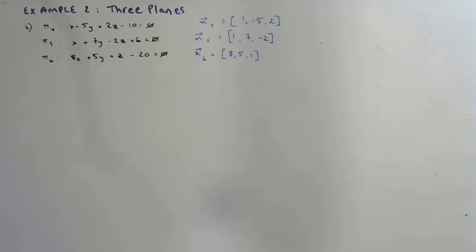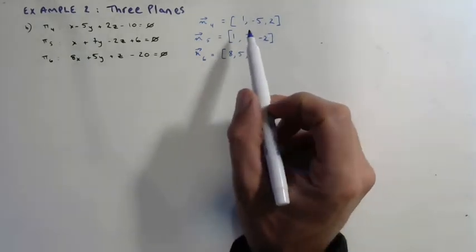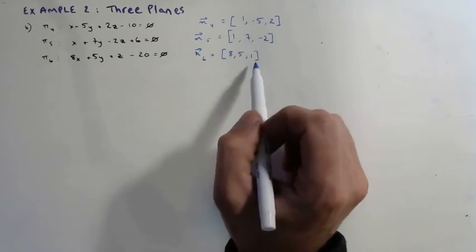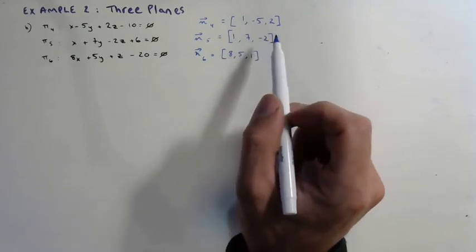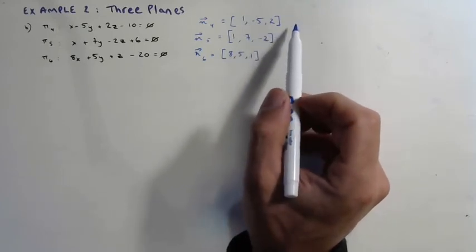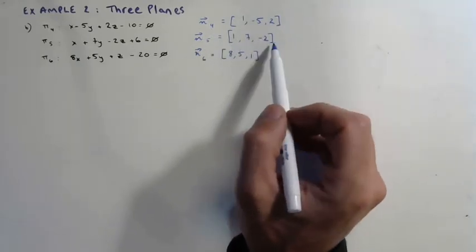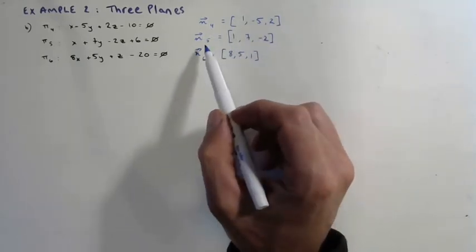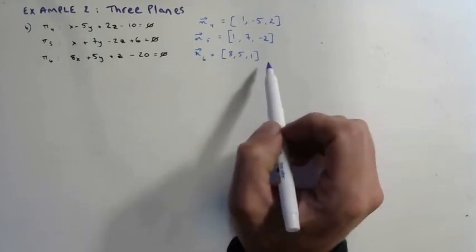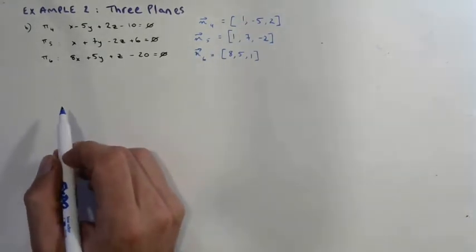And we're going to take a look at those and see if they are scalar multiples one of another. It doesn't look like any of them are. There's no constant that I can multiply normal vector 4 by to get the values in 5 or 6. Nothing that I can multiply 5 by to get 6. So none of these are parallel.